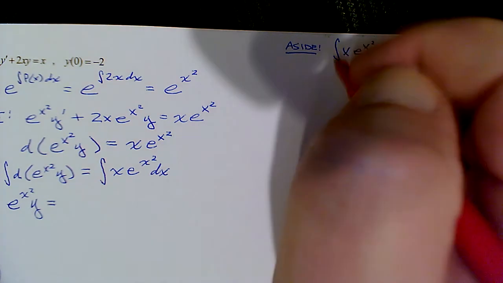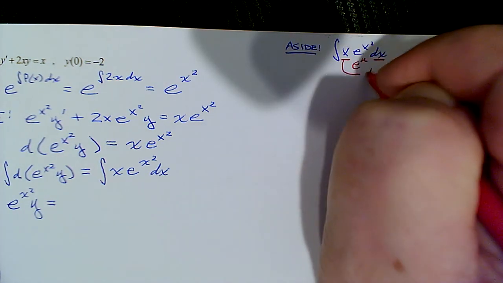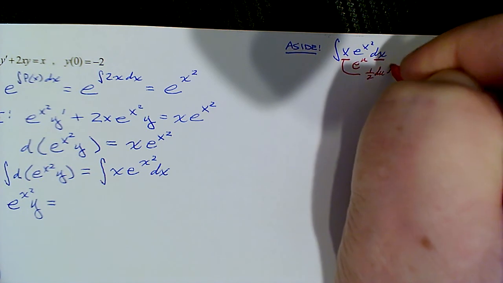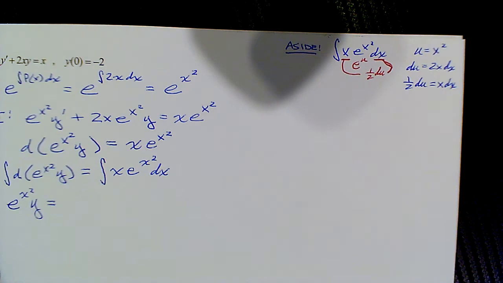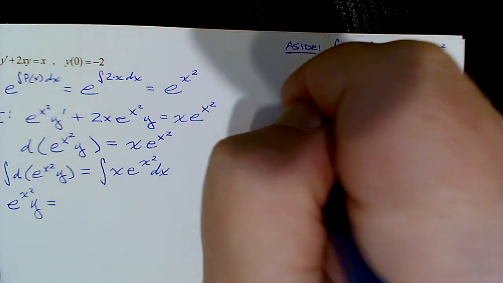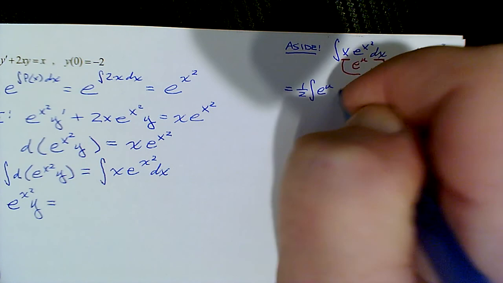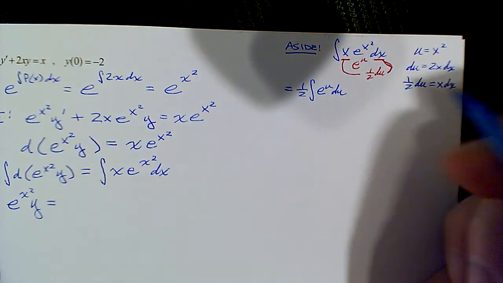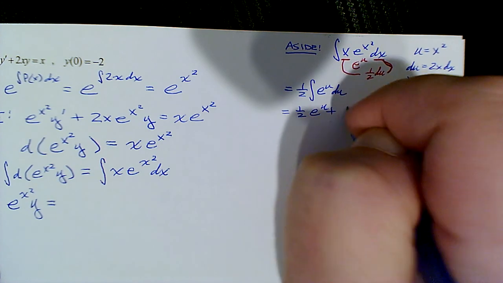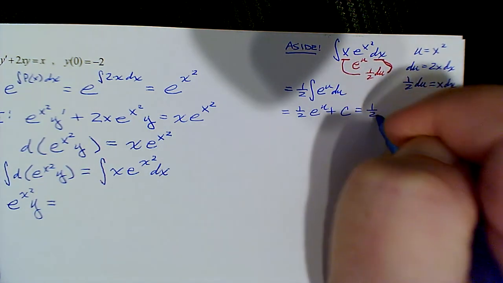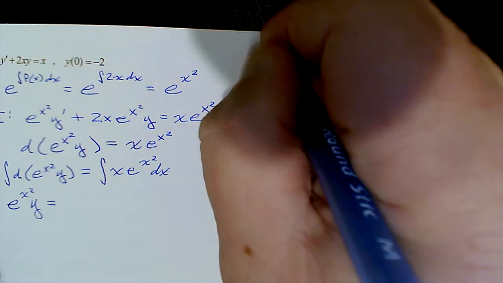So the x dx then makes up 1/2 du. And so to fit the basic formula, bring out the 1/2, integral of e to the u with respect to u, which is 1/2 e to the u plus our constant, so 1/2 e to the x squared plus the constant.